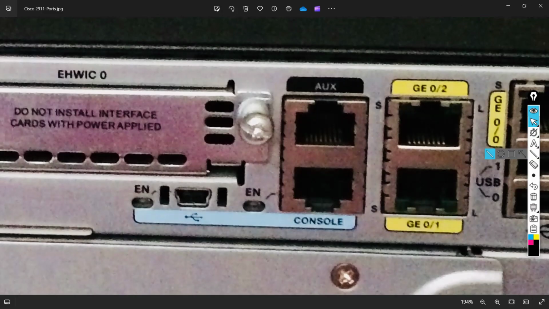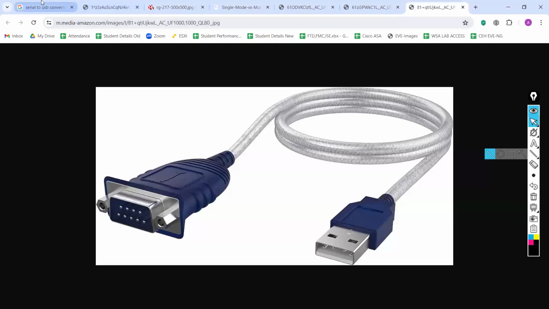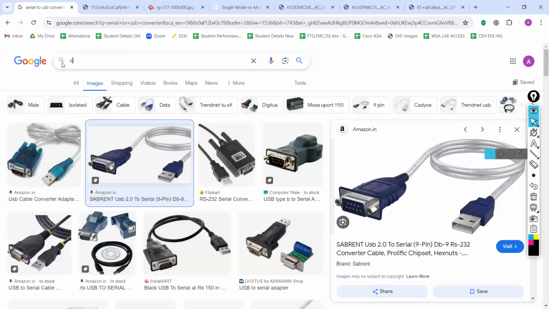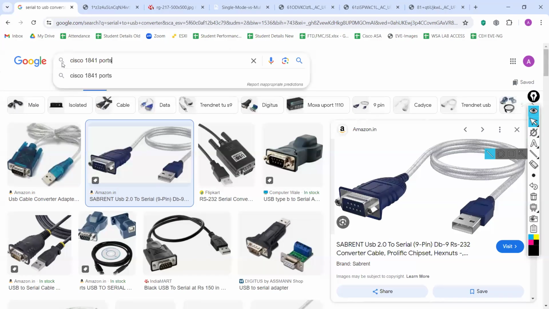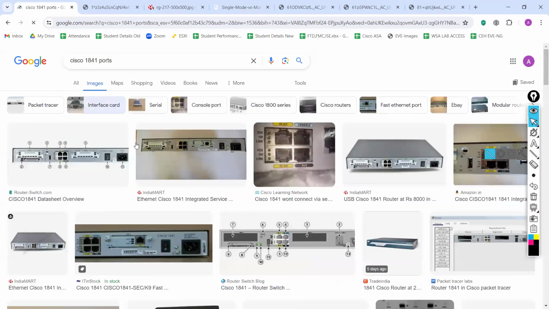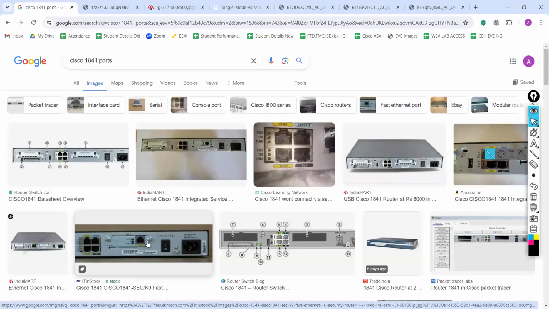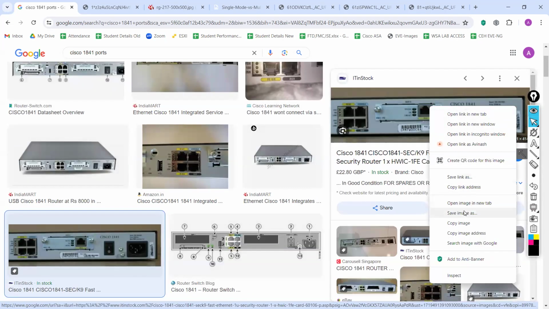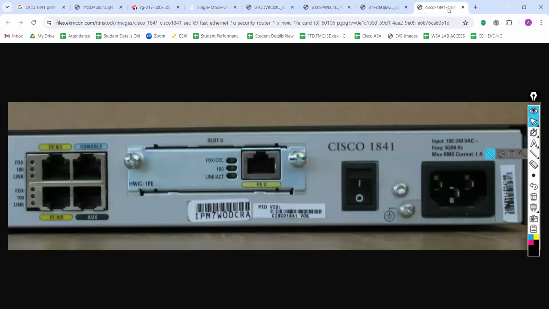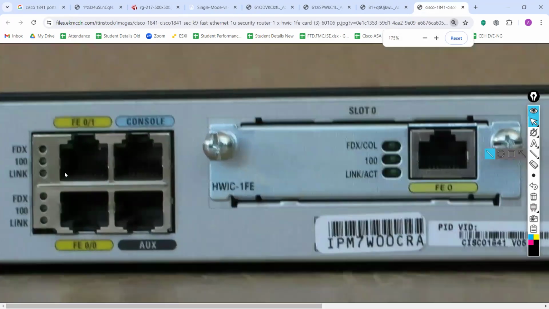This is what the offline people are looking at.